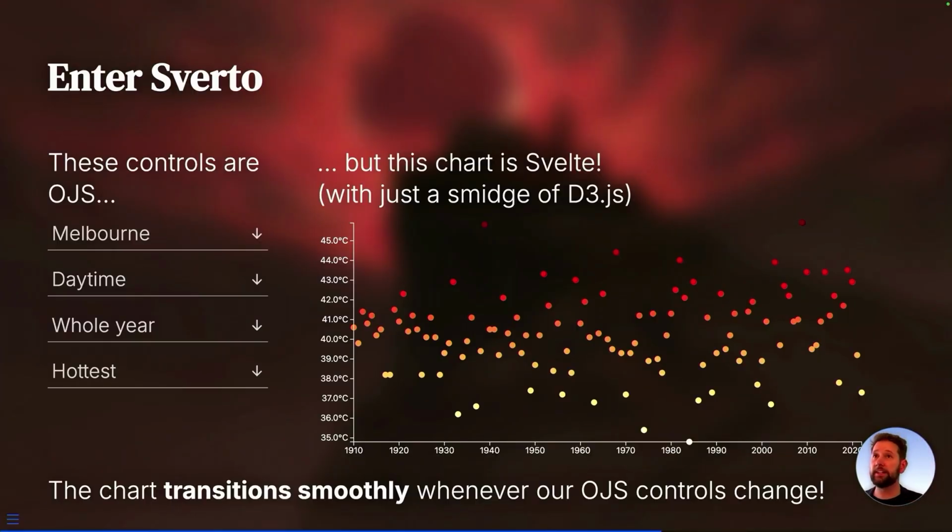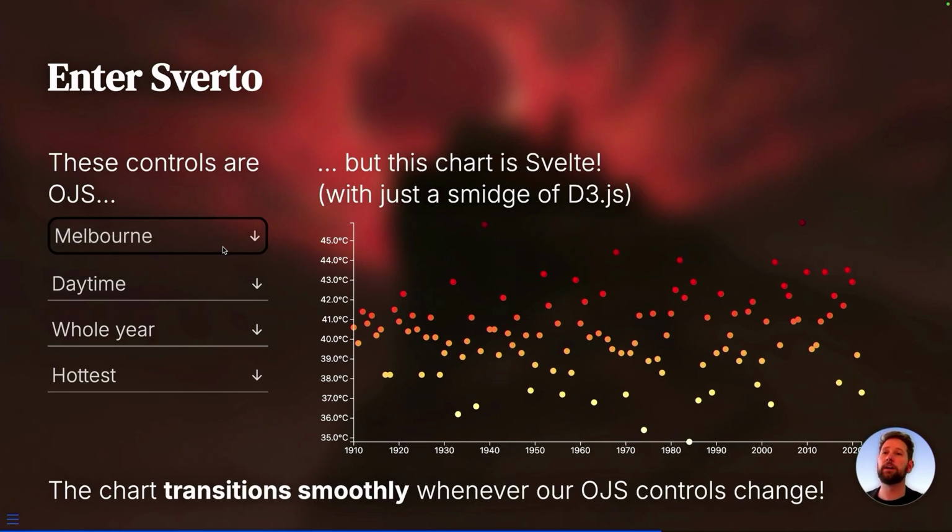So here's Sverto. This is bringing Svelte components like charts into Quarto, and those can be Svelte components that someone else has made, part of the library, or they can be ones you've written yourself. In this case, the Svelte component is not the whole page, it's just the chart. This is one of the really nice things about Sverto: these drop-down menus we have here on the left are actually just OJS.